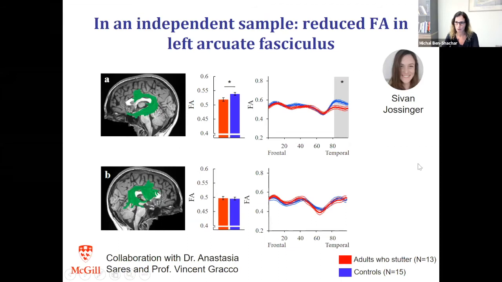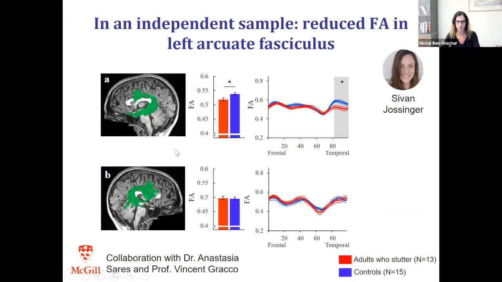And more recently, just this past year, Sivan Yossinger, a PhD student in my lab, has happily reproduced this finding, or a similar finding, showing a significant difference in anisotropy in a completely independent sample collected by Anastasia Sers and Vince Greco at McGill University.